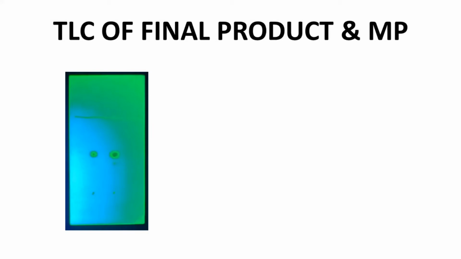Okay, two forms of characterization, our TLC and melting point. So on the screen is our final TLC. Now this looks a whole lot better than that previous TLC. So our mobile phase is still 30% ethyl acetate, 70% hexanes.